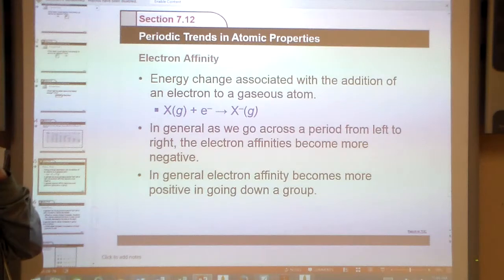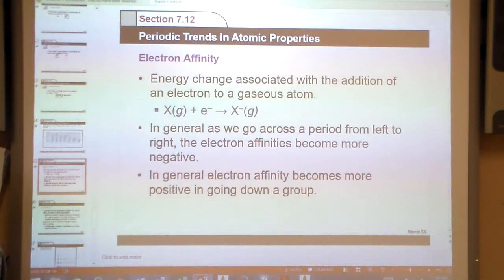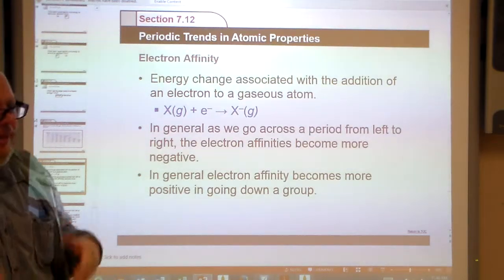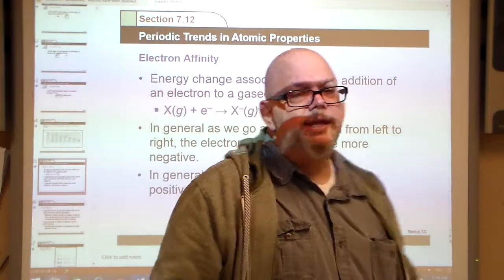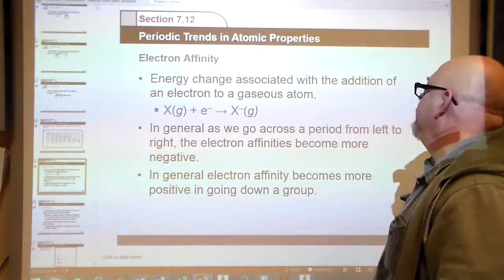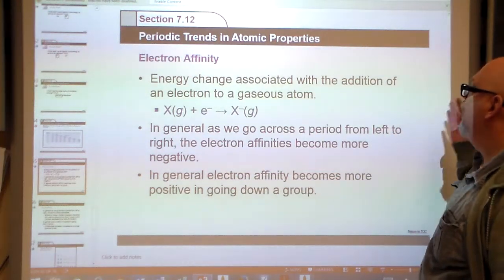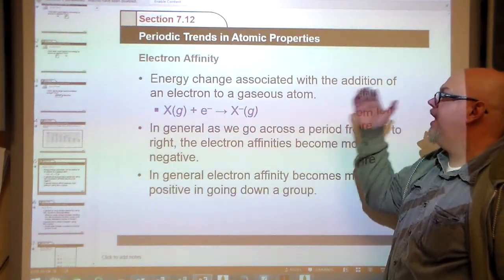There's going to be an energy change associated with adding an electron to a gaseous atom. Think about the word affinity. What does affinity mean? It's something that you like, or you're a natural at it.